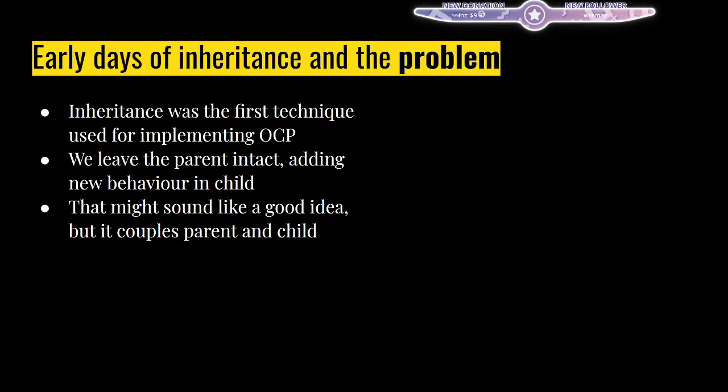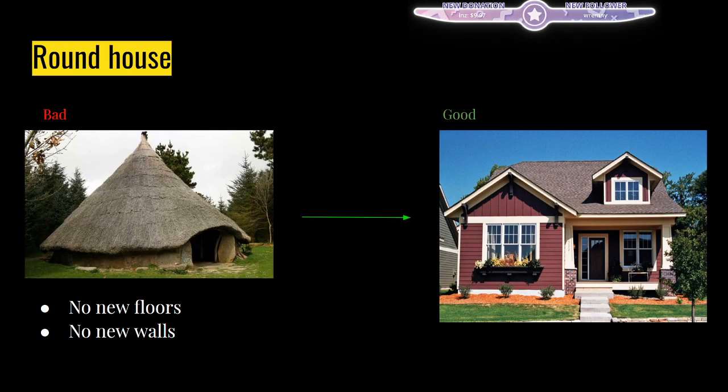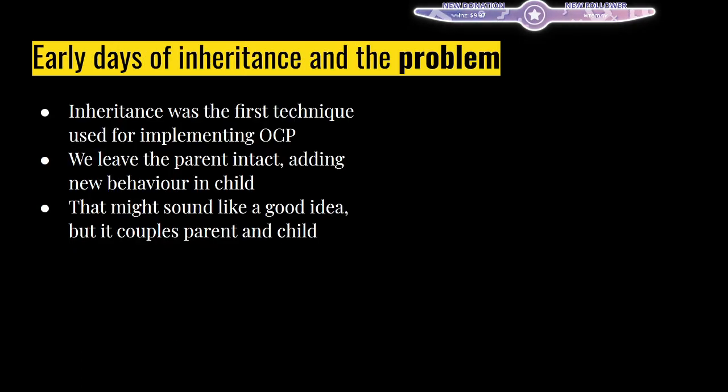Well, how do we extend round houses or square shaped houses in our code? That's the question. In the early days of SOLID, inheritance was a huge fashion. Everyone was inheriting everything because that was such a simple way of reusing code.